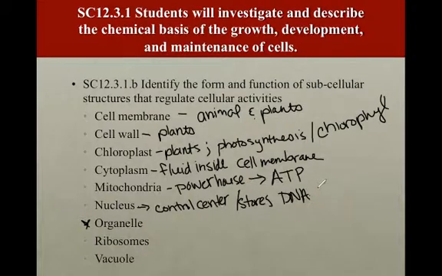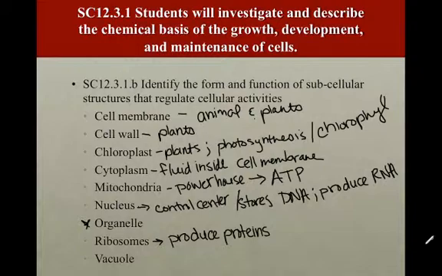It's where RNA is produced. Okay, we already said these are all organelles, so let's go on to ribosomes. What do they do? Those make protein. Yep. Produce proteins.